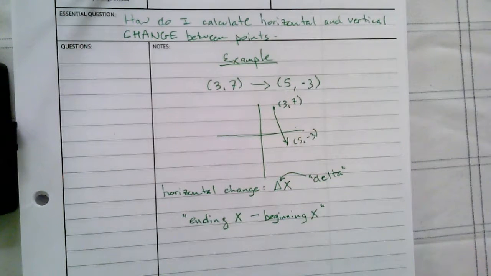And then there's always confusion about which point's 1, which point's 2, which point is A or B. Does it matter? The point here is that if we're calculating change, it's always the ending location minus the beginning location. End minus beginning. So all that matters is what direction are you going? Where are you starting? Where are you ending? End minus beginning.